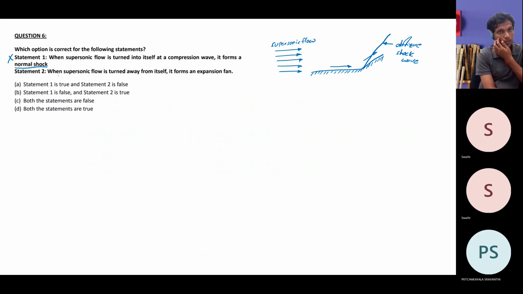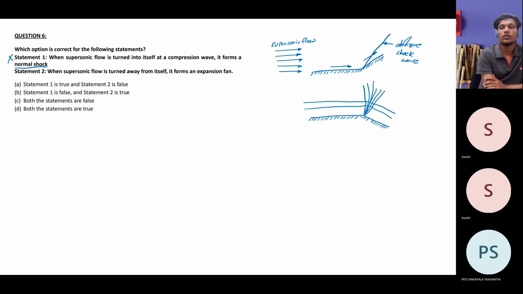The second statement is: when supersonic flow is turned away from itself, it forms an expansion fan. Yes, this statement is true. When the supersonic flow is turning away from itself, like this, we can see the expansion waves at this corner.